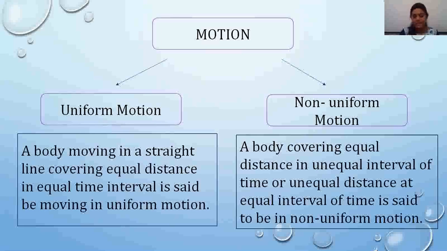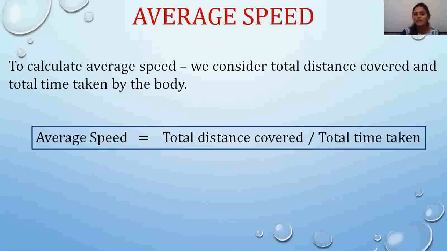Based on this, the next thing we are going to study is average speed. Till now we studied about speed. Now when we come to the concept of non-uniform motion, the body is traveling unequal distances at unequal intervals. Say the body has traveled from point A to point B, 2 kilometers, and from point B to point C the body has traveled 5 kilometers.